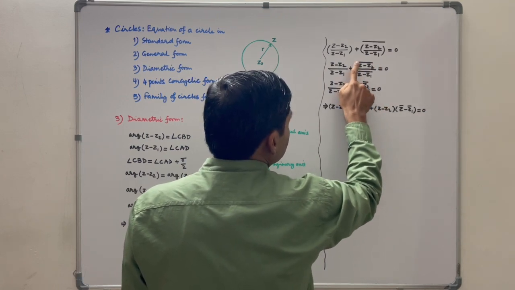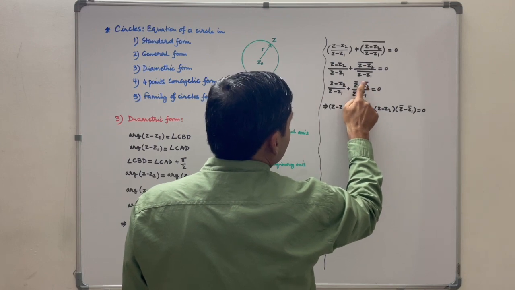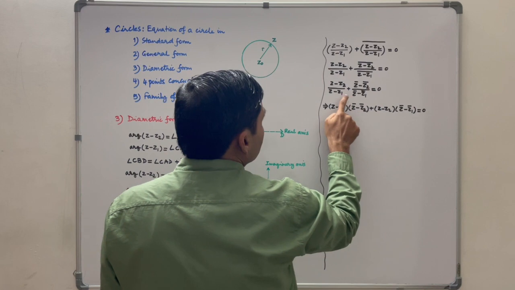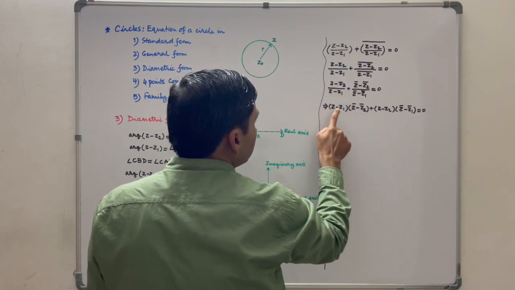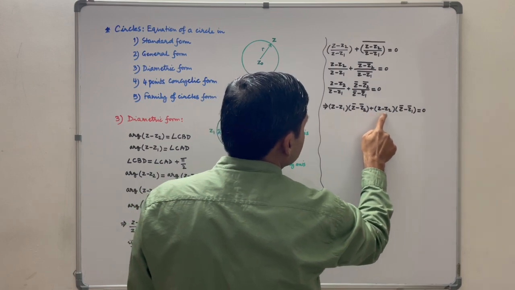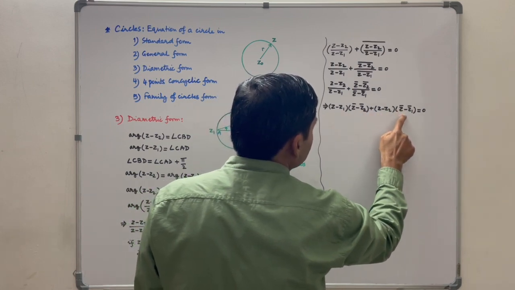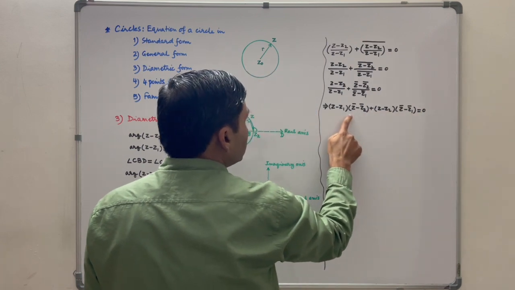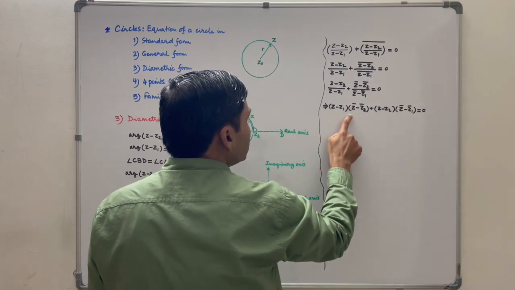So the numerator can be written as Z bar minus Z2 bar, and the denominator can be written as Z bar minus Z1 bar. After simplification, we will get (Z minus Z1) into (Z bar minus Z2 bar) plus (Z minus Z2) into (Z bar minus Z1 bar) is equal to 0. This is called the diametric form of the circle.